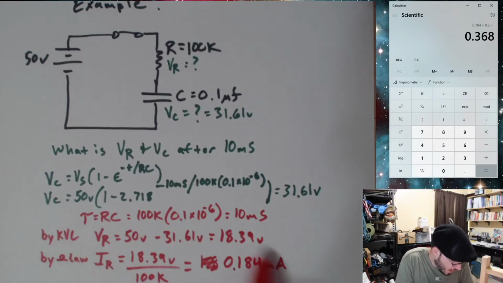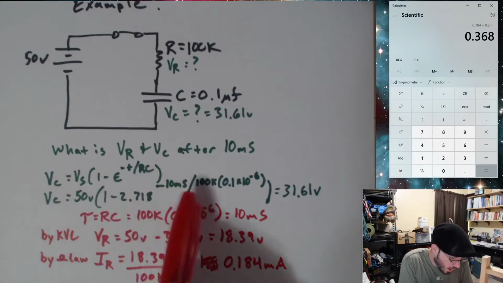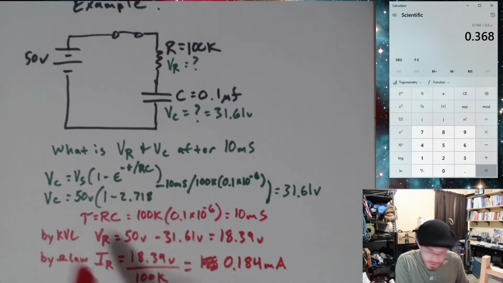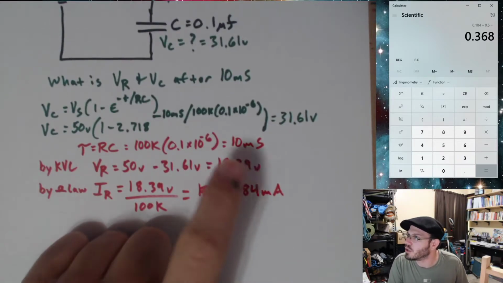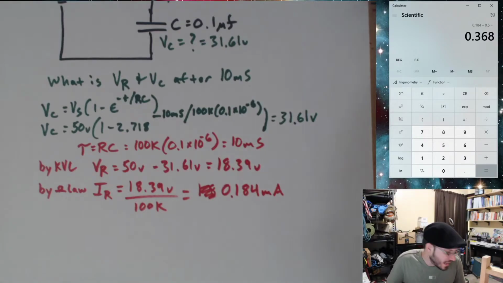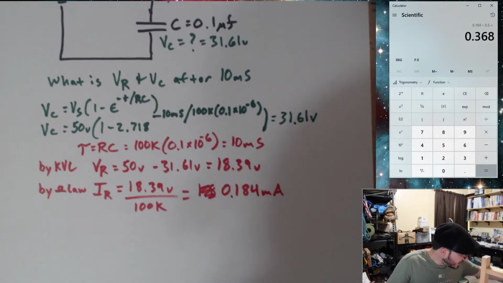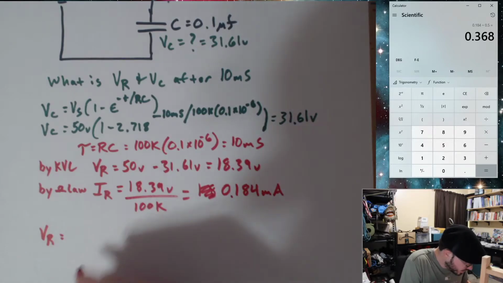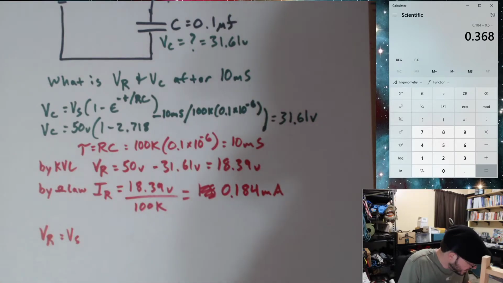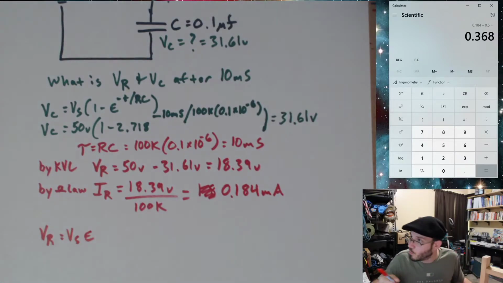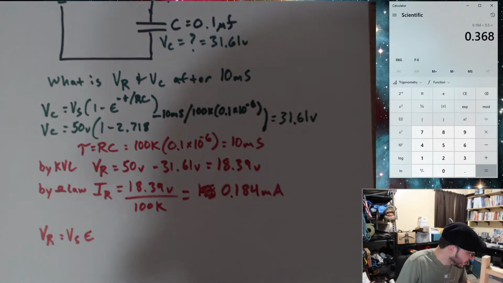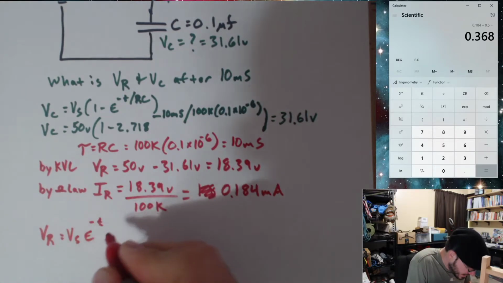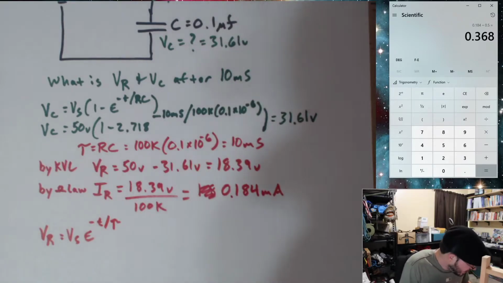Okay, but of course, we did this all using this one formula for the voltage across the cap. What if I'm ambitious? I want to figure it out using that equation. Let's go ahead and make sure that the equation also gives us 18.39. So what I'll do here is V sub R is equal to, I'll write out the equation first, V sub S times epsilon, that 2.718 number, raised to minus T divided by our time constant.